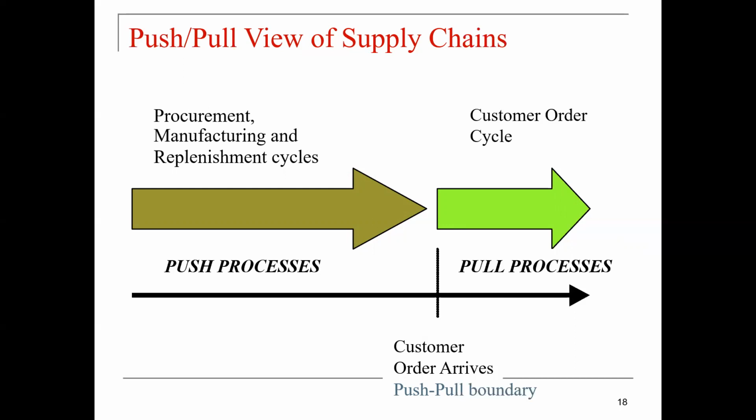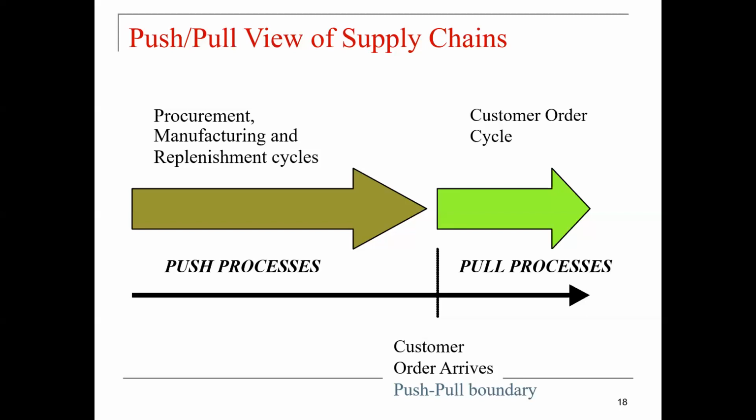Pull processes are the opposite. Once a customer is pulling from the system, a flag or a signal is passed to the production schedule, saying that a customer just took one of the items that were available, so we need to produce another one.